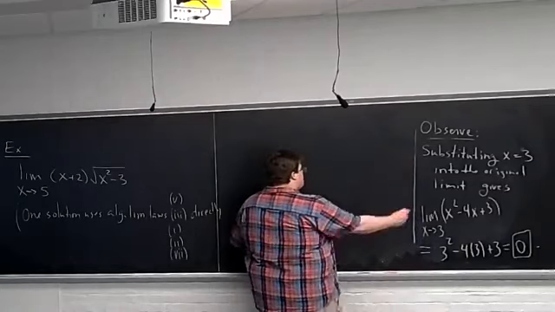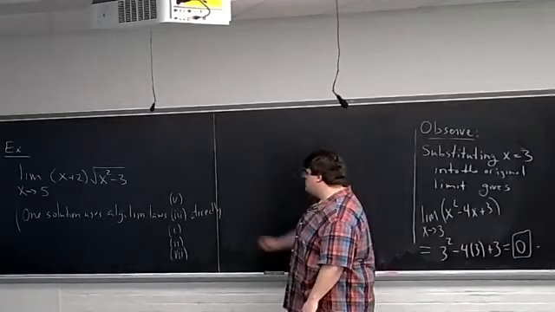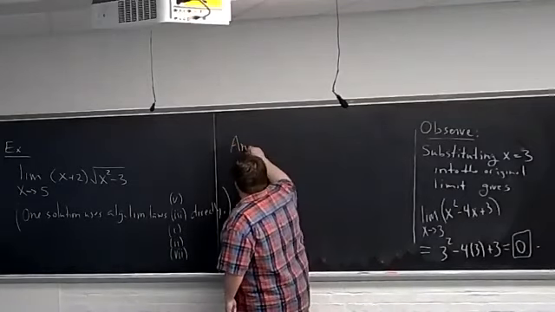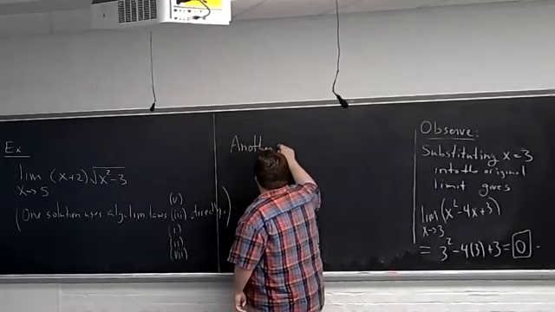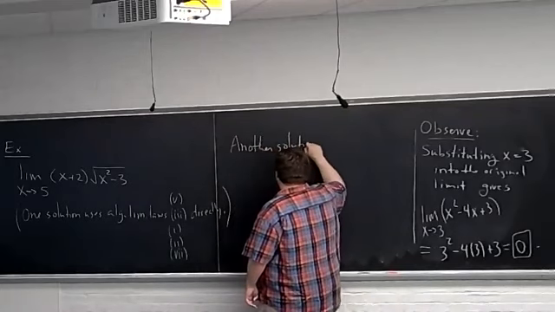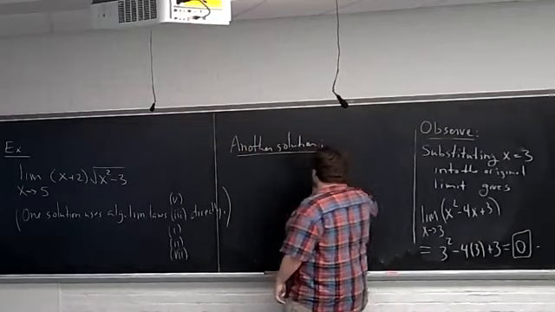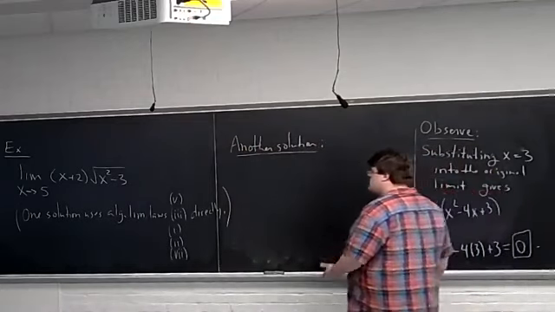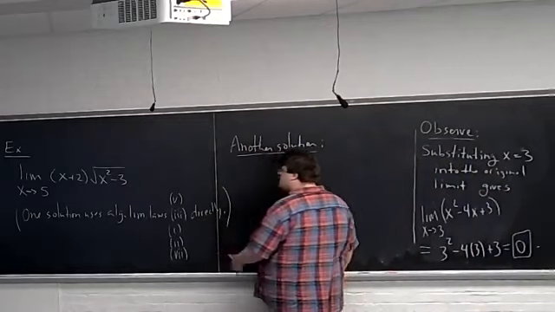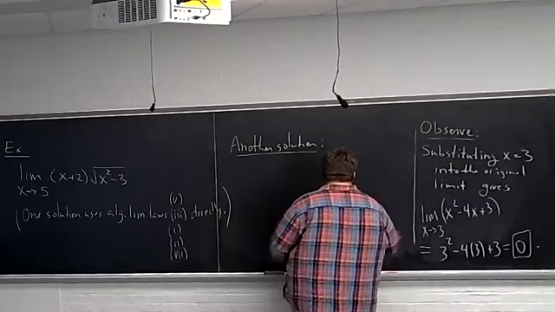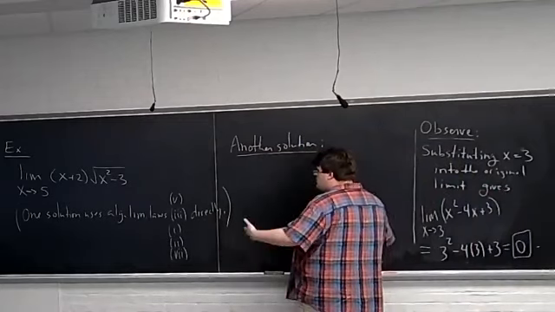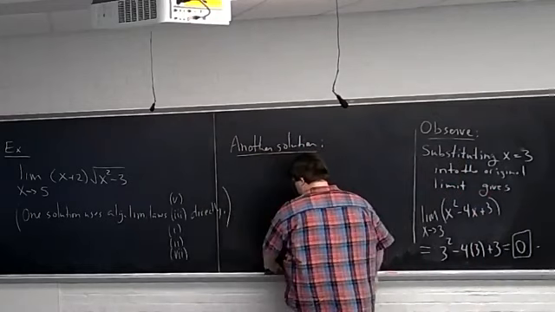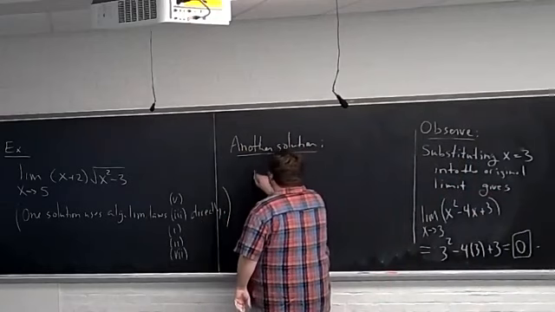But I'm going to use this observation. Another solution does technically use the algebraic limit laws, but it uses them indirectly because we saw that using them when substitution worked was equivalent to doing a direct substitution.